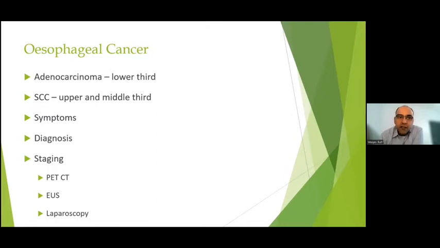SCC is mostly seen in the upper and middle thirds of the esophagus, whereas adenocarcinoma is confined to the lower third most of the time. We are going to talk about Barrett's in a minute. The adenocarcinoma usually follows the metaplasia, dysplasia, and neoplasia sequence that you've studied in pathology.